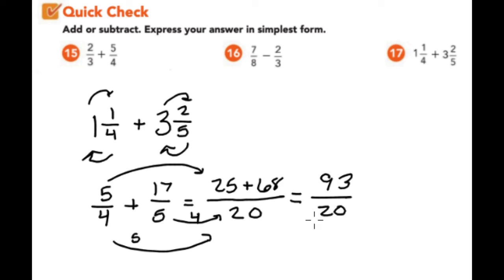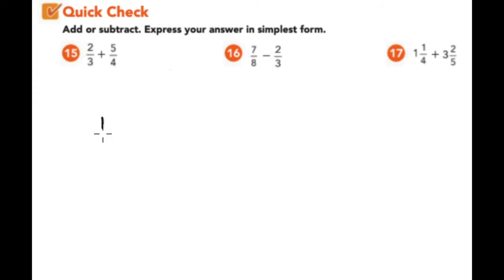We cannot reduce anything here, but we could change it to a mixed number. 20 goes into 93 4 times, with 13/20 remaining.